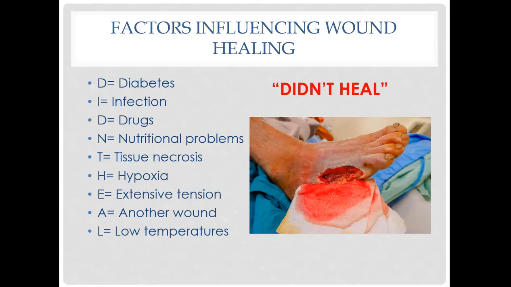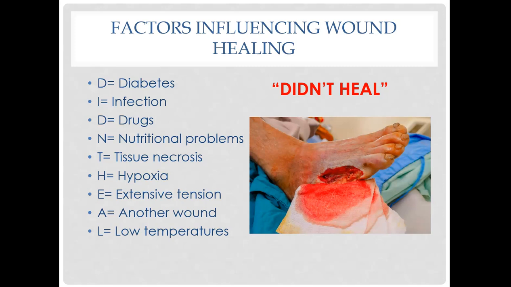All right, so factors that influence wound healing. We've kind of talked about some of these: diabetes, infection, drugs. Some medications cause decreased circulation to the extremities, especially if someone's in the ICU and they're on vasopressors.